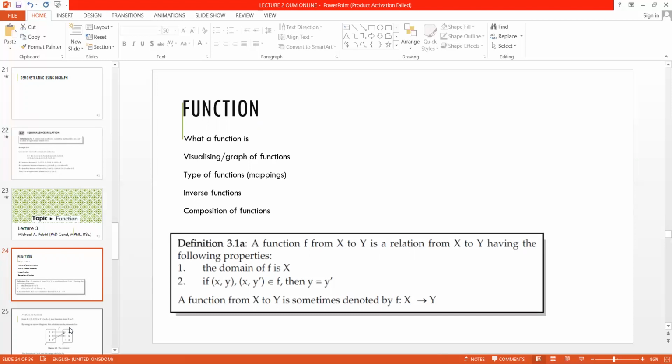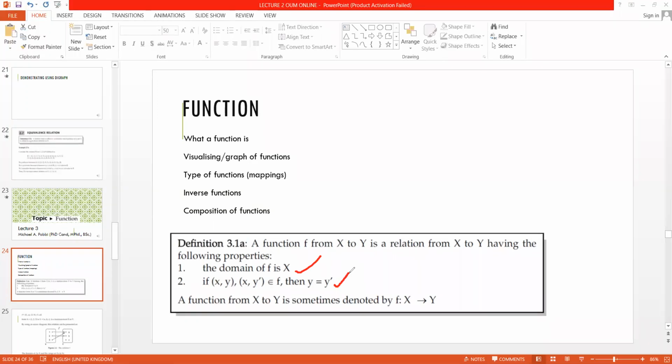Good. Now, a function is a type of relation, okay, but there are two unique things about a function. The first thing is there should be a domain clearly defined for the function. And then secondly, the image of a function should be unique. The images generated from the function should be unique.